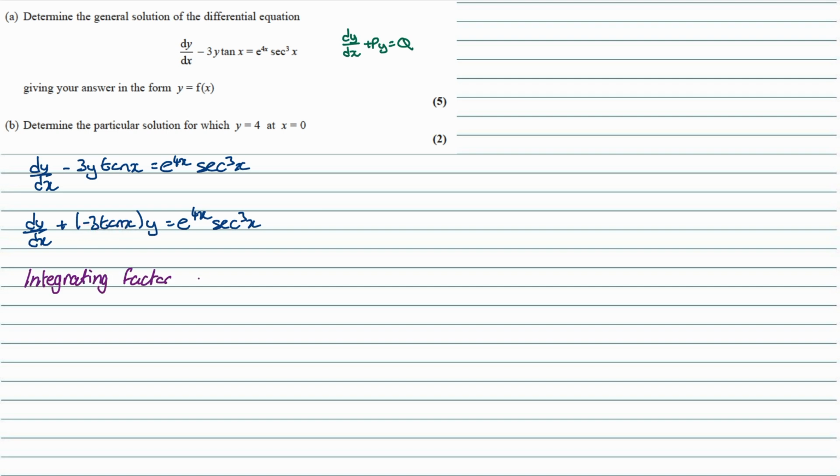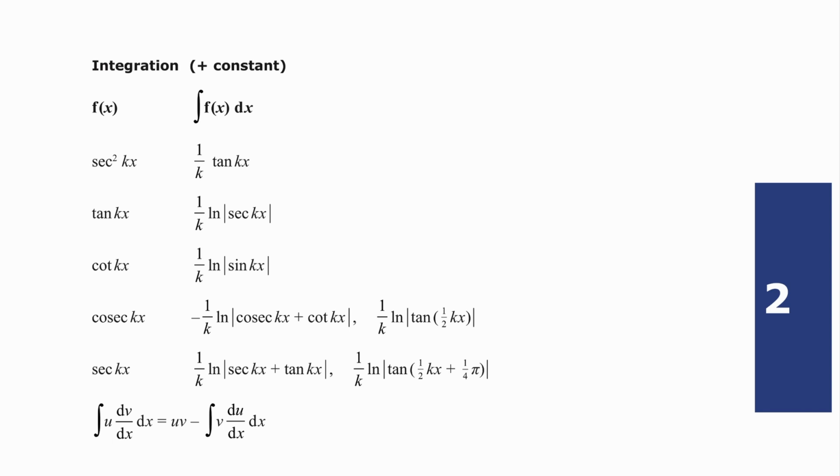And the integrating factor is where we have e to the power of p integrated with respect to x. So I'll substitute this into p, and then we can pull out this negative 3 in front of the integral and integrate the tan x. And if we go to our formula booklet, you can see the integral of tan x is the natural log of sec x, because we know in this case that k equals 1.